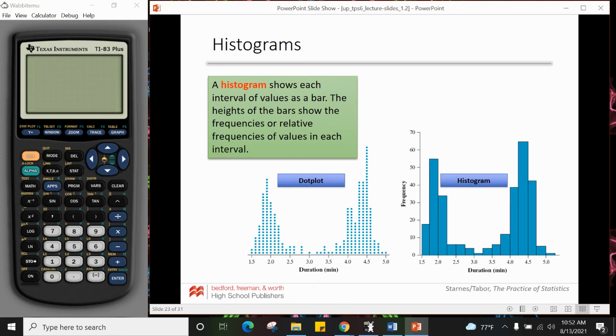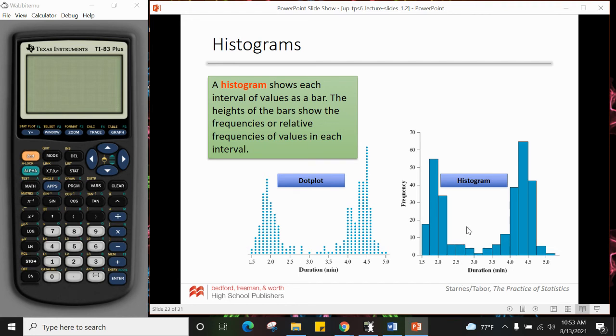The good thing about histograms is that you can put a lot of data in very quickly, because you can just count up how many fall into each category. Boom, make a bar. You don't have to make an individual dot each time. But the disadvantage is you do lose sight of that individual data value. Like for example, on this dot plot, I can see, hey, there are 3 data points right here at maybe 2.75.